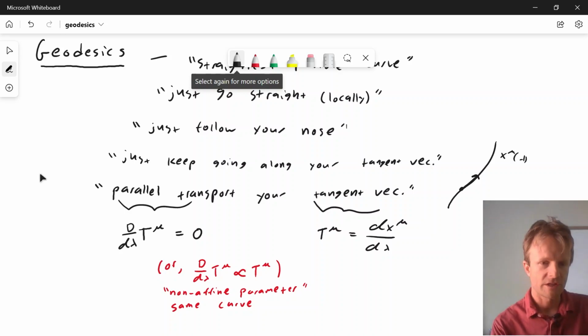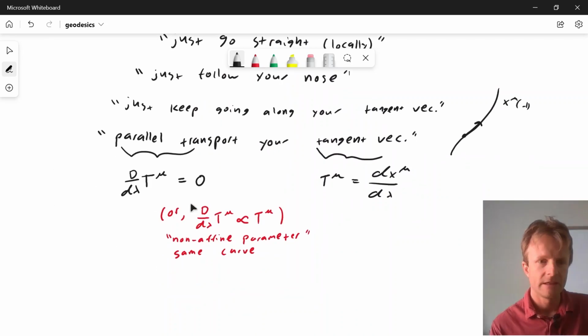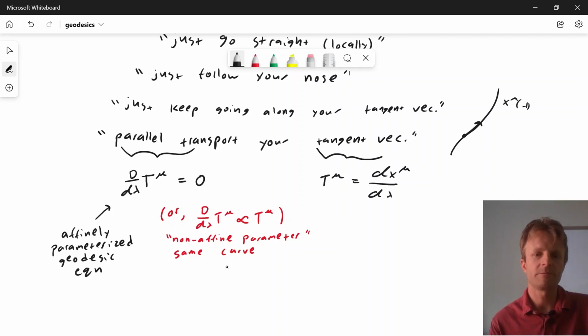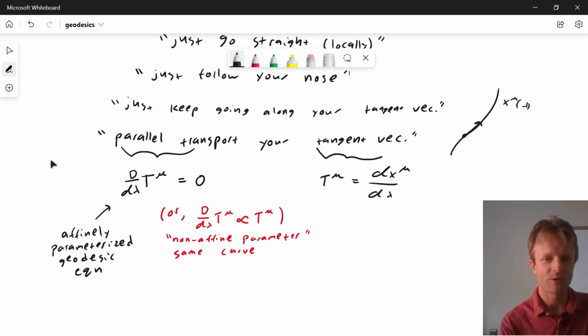So this version here, if you like, is the affinely parameterized geodesic equation. And this one is worth writing out in coordinates.